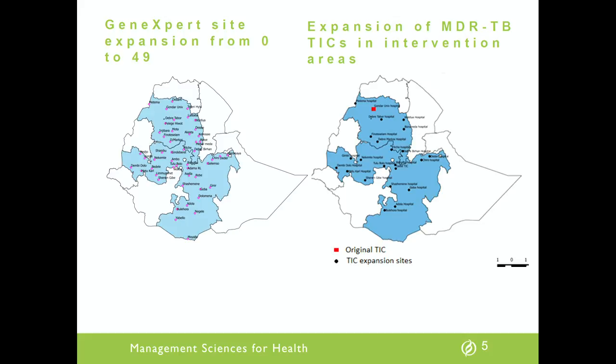the service expansion. As you see here, in 2012, we didn't have any gene expert center in the country. It was 0. So we expanded it from 0 to 49 sites, providing rapid diagnosis using gene expert. The treatment center, as you see there, in red on the right side, is the original treatment initiating center, which is a tertiary care facility.